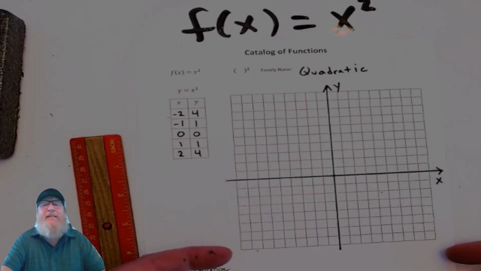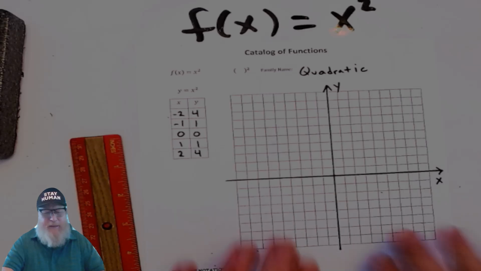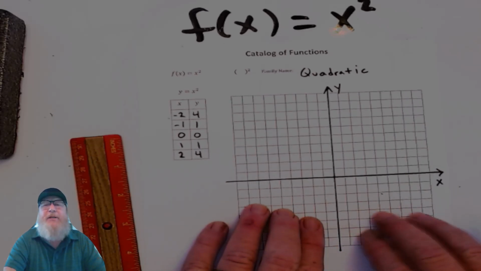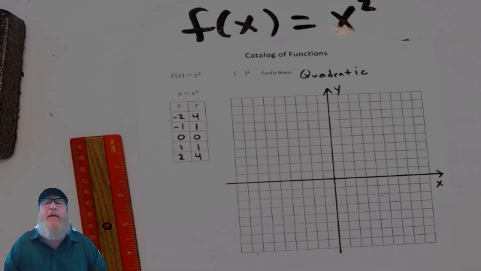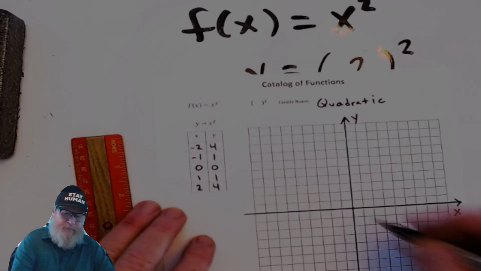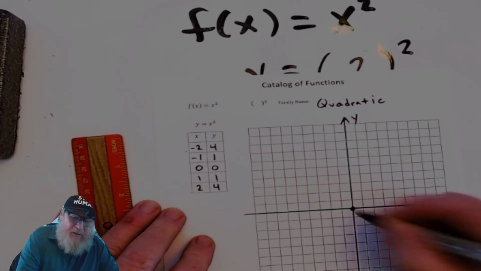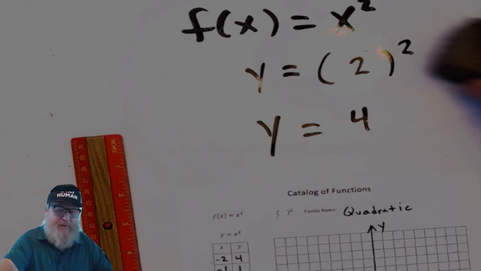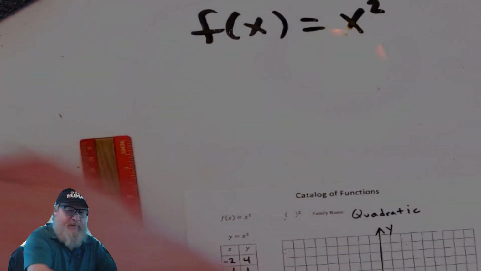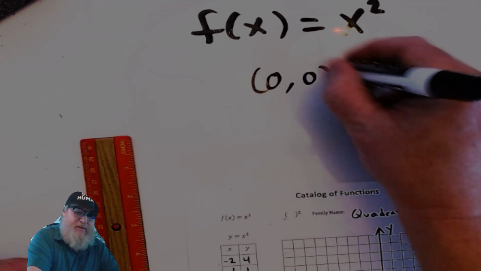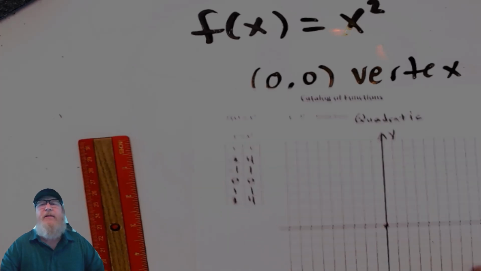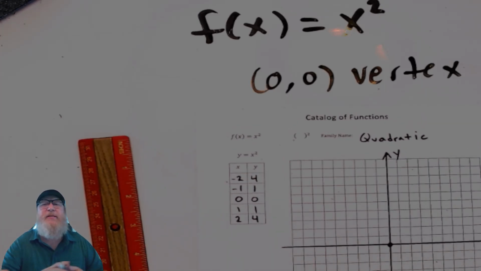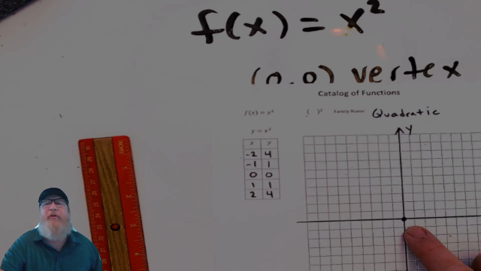You could put the x-axis all the way at the bottom if you liked, but I like to show the empty quadrants. So quadrant 3 and quadrant 4 will remain empty. Again, you want to start with the vertex. All right, (0, 0) is the vertex. So if you were doing this with your mouse on your homework, you would click that point first, (0, 0).